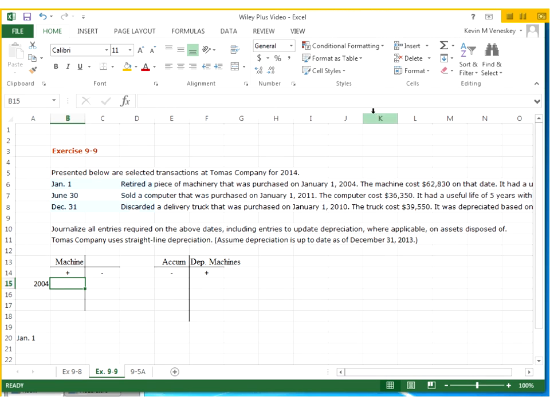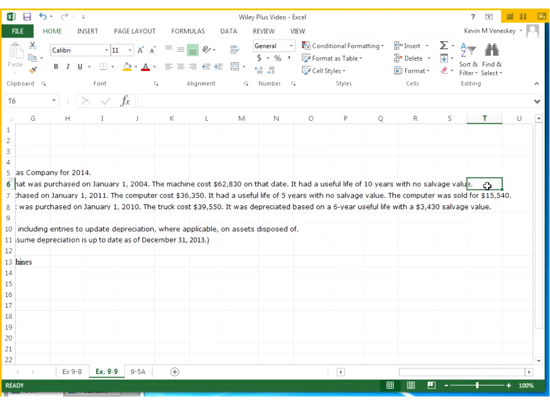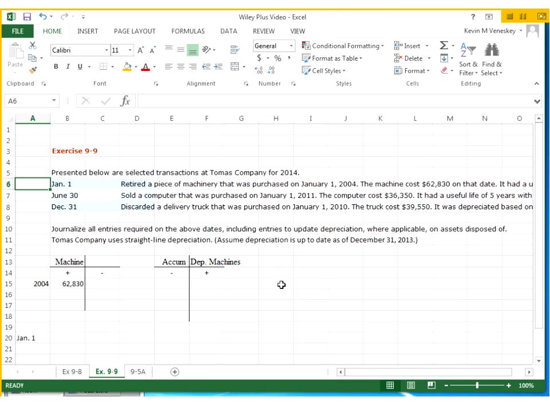Back in 2004, we bought it at the beginning of 2004, so we would have depreciated the entire year that year. The machine costs, and I want to get this into my T accounts, $62,830. And it also tells me we have a useful life of 10 years with no salvage value.